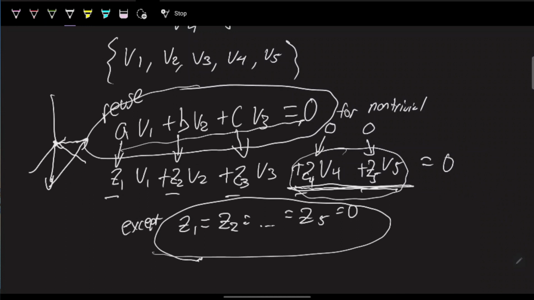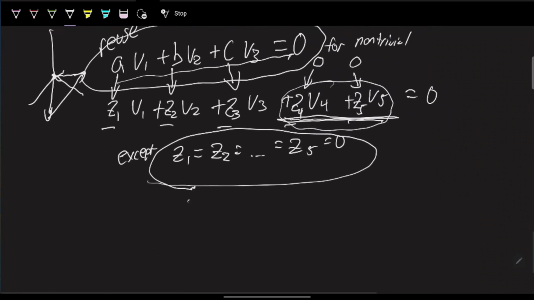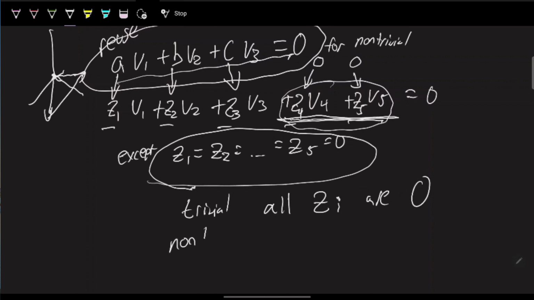I feel like this is something that probably trips up everybody once when they learn linear algebra. Non-trivial means not all 0, but some zeros are okay, just not all zeros. Trivial is when all zi are 0, and non-trivial is literally just putting a logical not in front of this.